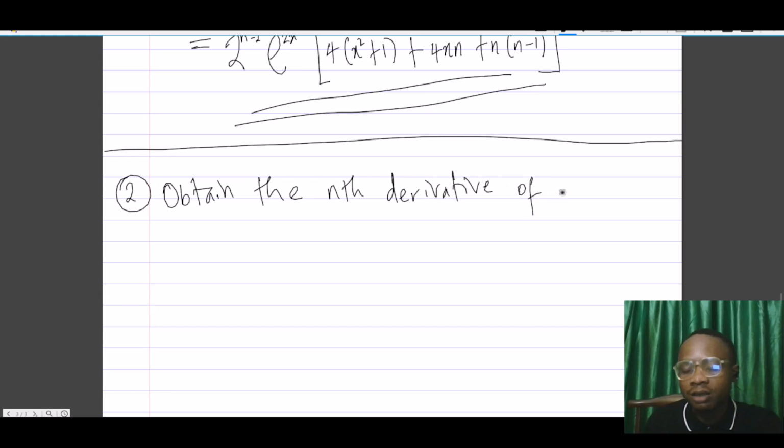Obtain the nth derivative of y equals x cube cos x. And we want to get the derivative of this with respect to x as before.